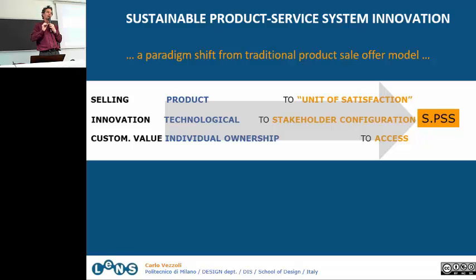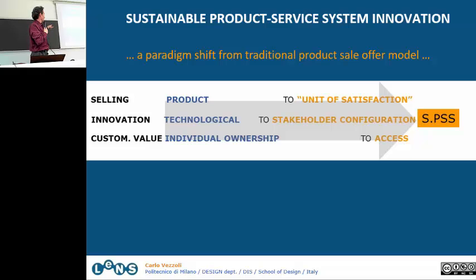Or maybe we need a car to be rescued by the doctor. Maybe we need a car to go to a friend. We need a car or something else to reach this person. Okay? But when you think in terms of unit of satisfaction, even the possibility of radical changes is much wider. Because you can even forget the product that is there and its function.